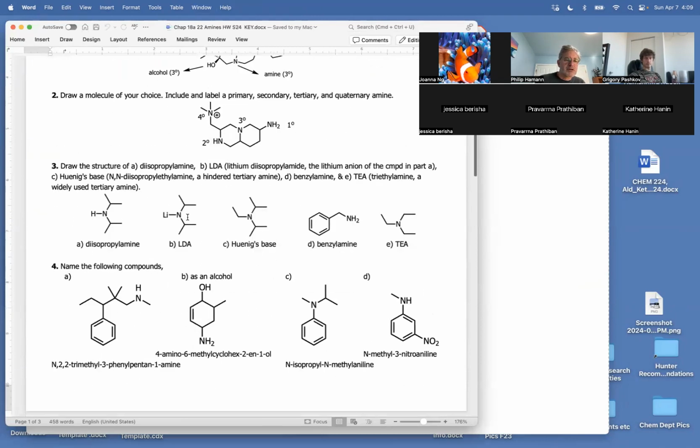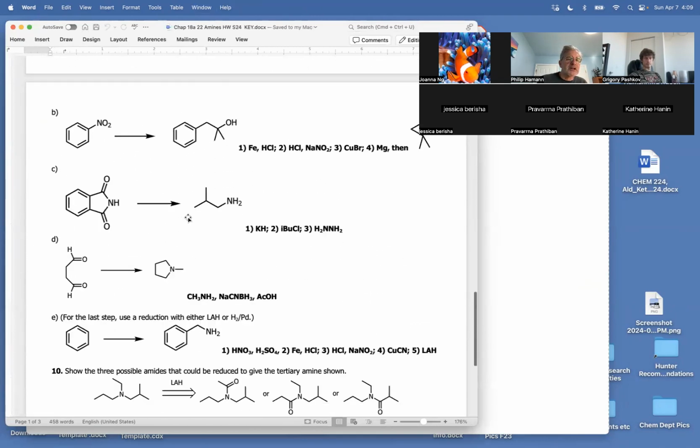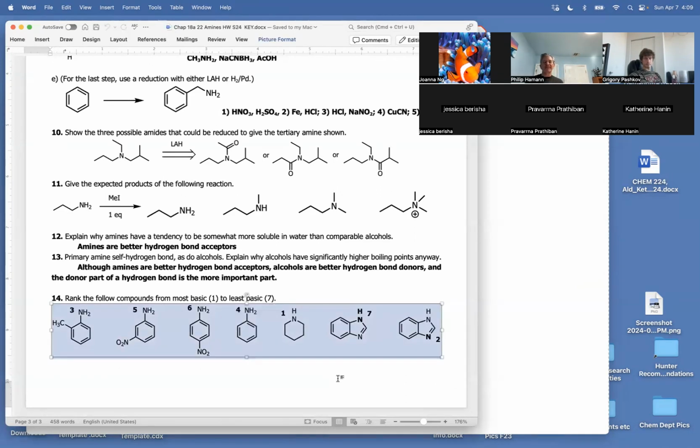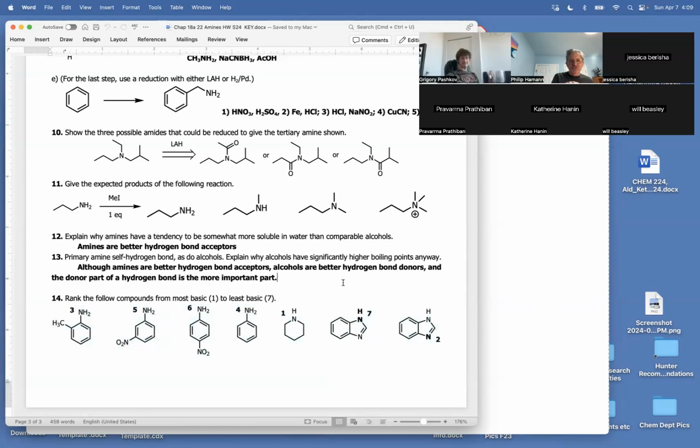Number 14. Specifically the ranking of these. That is way too much to go into in an exam. Oh, okay, that wouldn't be on the exam. But you know, it's great for thinking. Right? If you can think through a question like this, you know you're ready for the exam. That's kind of the point.